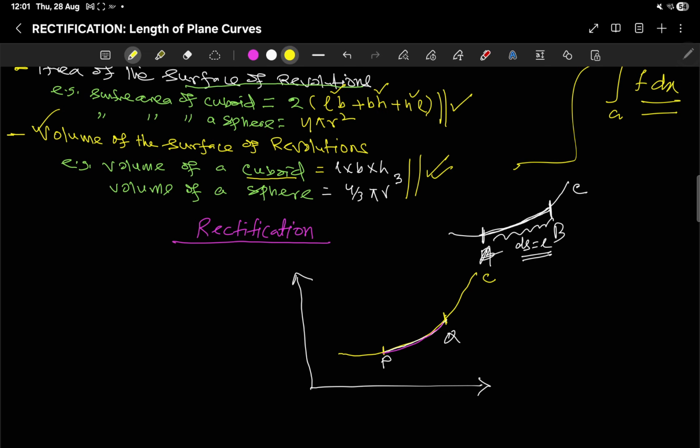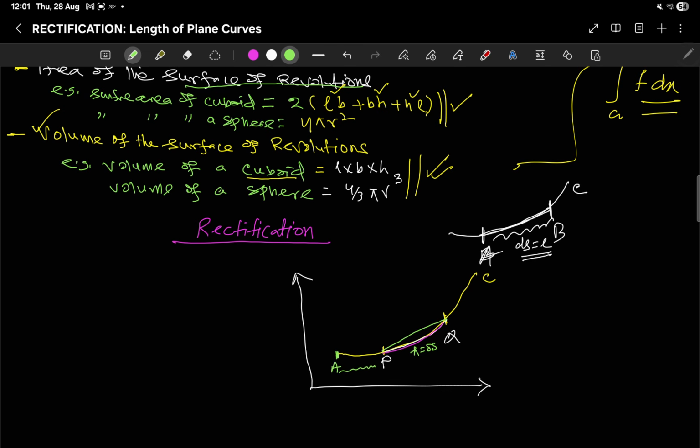Suppose I join a chord PQ here, and this gap is my H, or I call it suppose my del S. Suppose this is a point, my A point here.